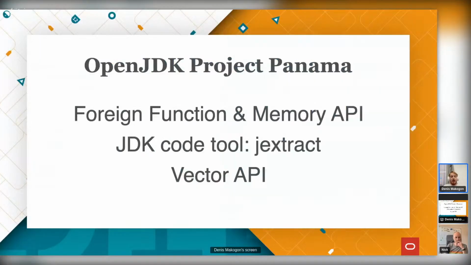So the purpose of Project Panama is to change the way developers interact with native code from inside of Java applications. In this talk, I'll cover both the foreign functions and memory APIs and jextract, leaving the vector API for another time.